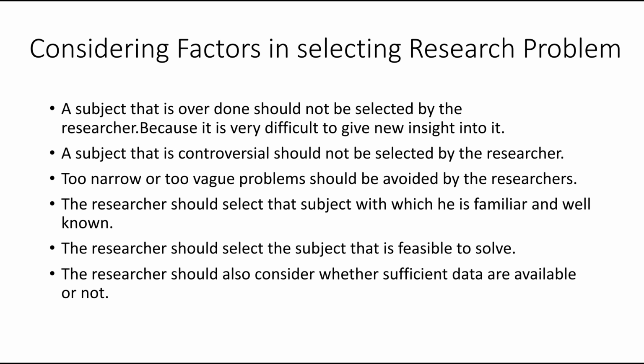And the researcher should read articles and journals on the selected problems. The researcher can take help from the research guide. A preliminary study should be done by the researcher before selecting the problem, especially if the subject matter is a new one.